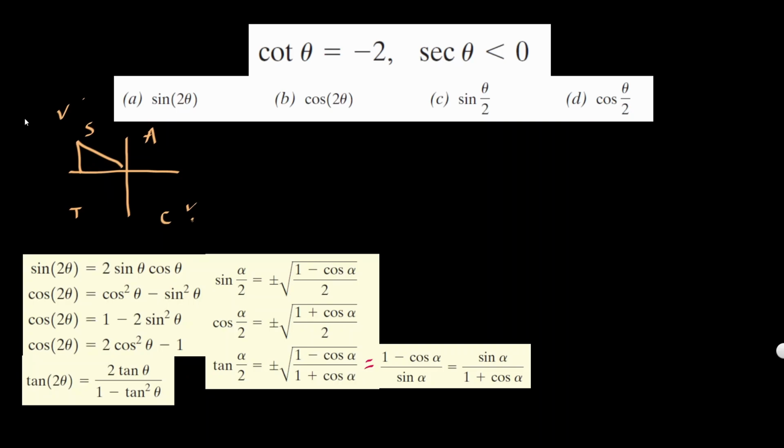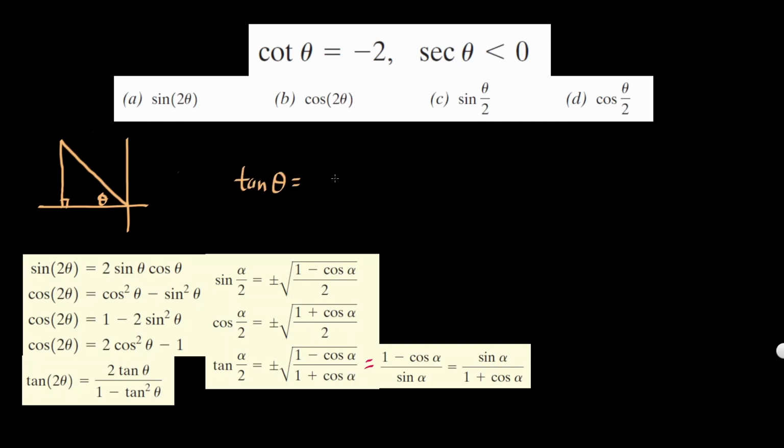Okay, so once you figure that out, I'm just going to draw my triangle in my second quadrant now. I'm just going to draw this right triangle, and that's going to be theta. Okay, and then cotangent is -2, which means tangent of it, you could think of it this way, is going to be negative, flip that, which means opposite over adjacent.